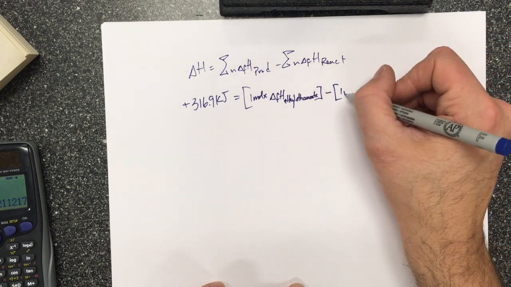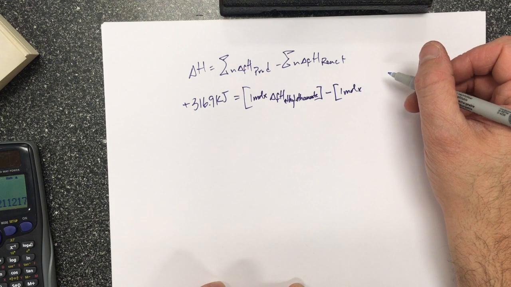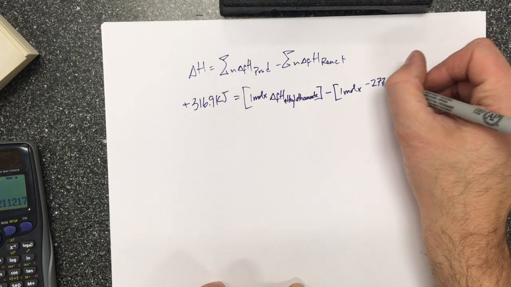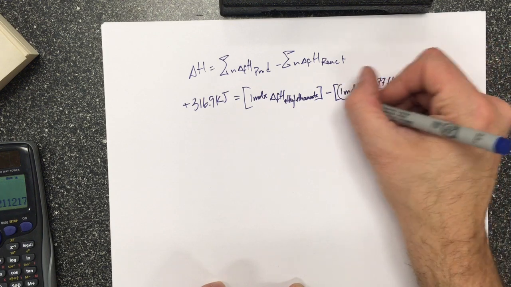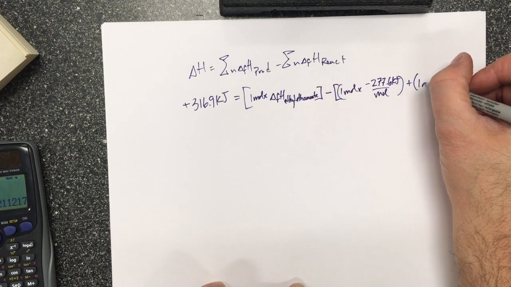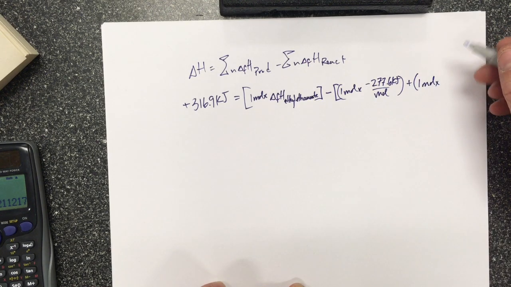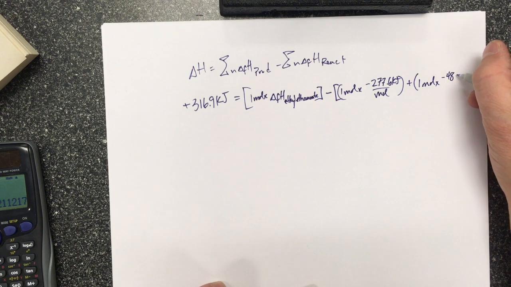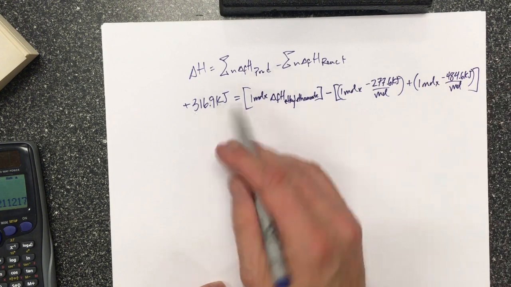And the reactants have 1 mole times the formation enthalpy of ethanol, which is negative 277.6 kilojoule per mole, plus 1 mole times the formation enthalpy of the ethanoic acid, which is negative 484.6 kilojoule per mole. And these values will be equal.